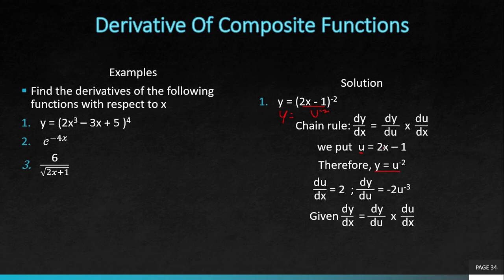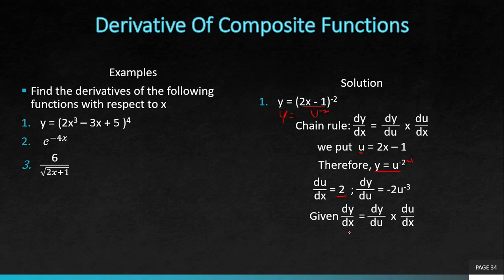Now if we differentiate u with respect to x, minus 1 is a constant, so it gives 0. If we differentiate 2x, it gives us 2, right? If we differentiate y with respect to u, minus 2 multiplies u to give minus 2u. Then if we subtract 1 from minus 2, we get minus 3. So we have minus 2u to the power of minus 3. Is that okay? Good.